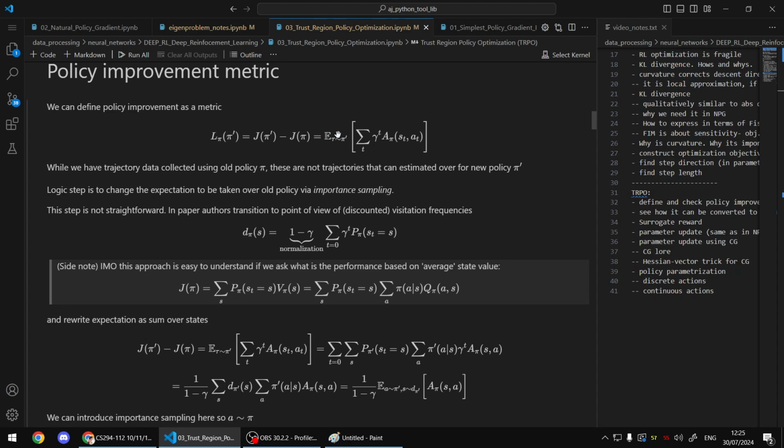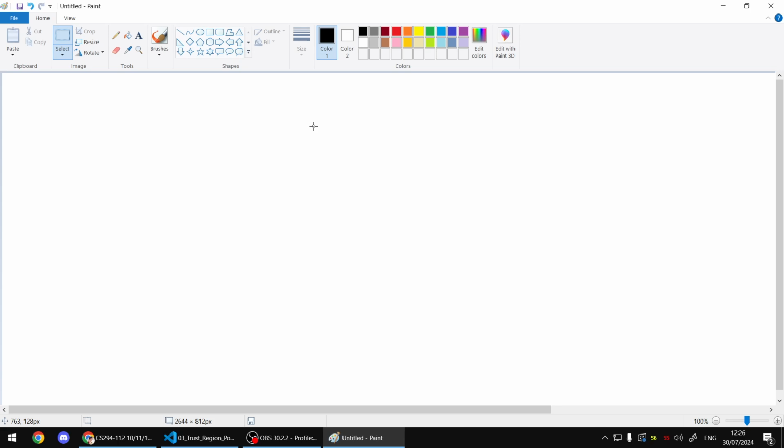Our goal is to reuse old data for the old policy, which we know, and the trajectories we know. And if you're familiar with importance sampling, it's not a difficult concept. In fact, I can just take 2 minutes to derive it because it's so simple.